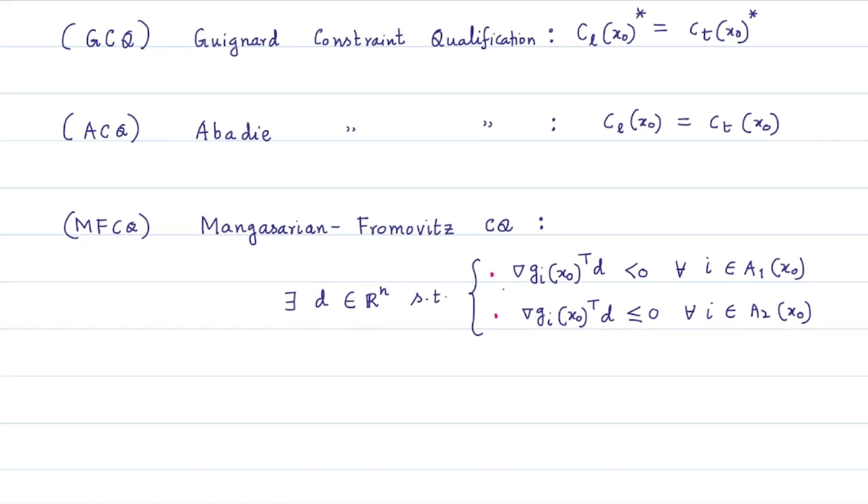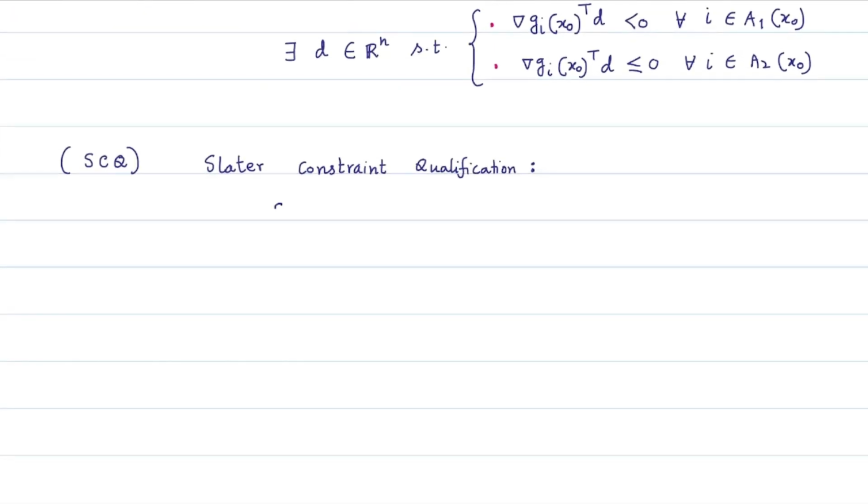And one more constraint qualification that I would like to mention here is, although for a convex optimization problem, one of the simplest constraint qualifications and might be one of the strongest, that is the Slater constraint qualification, which takes up the condition that all the constraint functions g_i are convex and there exists a feasible point, say x hat, such that for all nonlinear constraints g_i, that means for all those i belonging to the set I1, we have g_i(x hat) strictly less than 0.